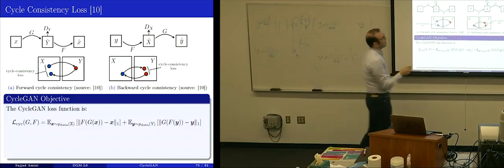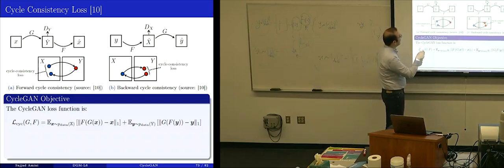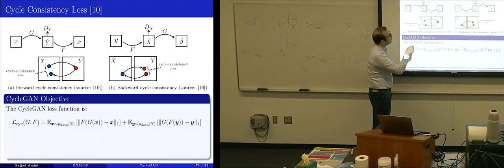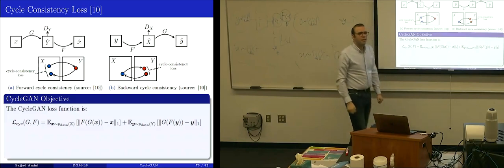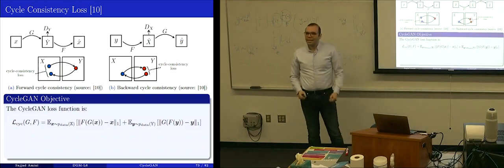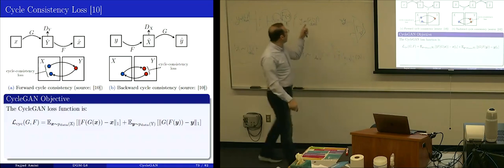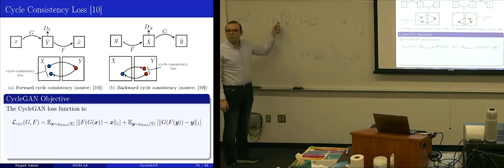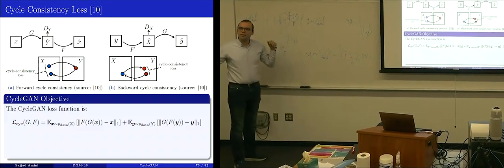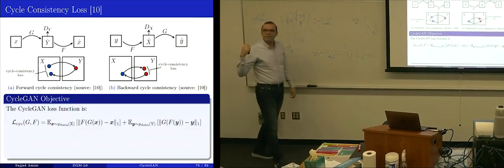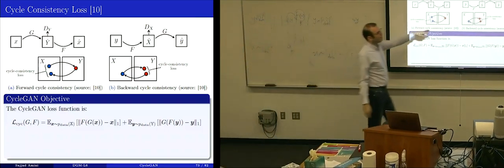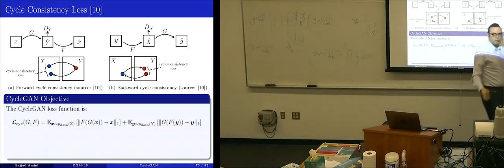The consistency loss necessitates that the discrepancy between x and x hat should be minimized. It means that F or G cannot generate samples based on their capacity. They must pay attention to their inputs because they need to reconstruct them in their inverse. And also the consistency in y, both of them.